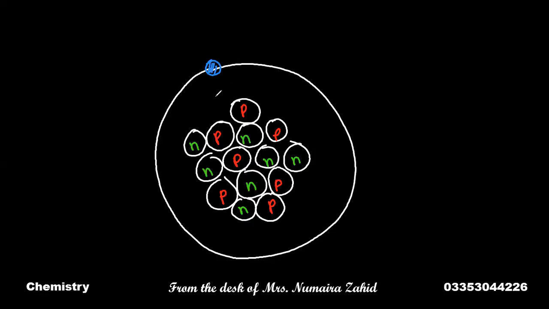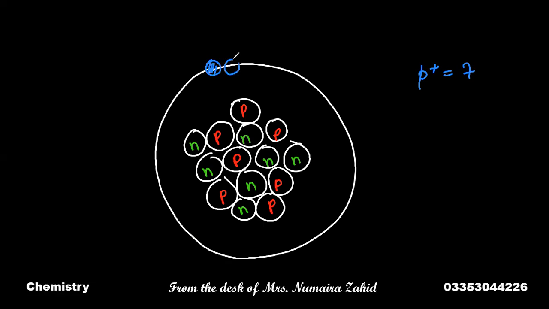These electrons are actually responsible for balancing the charge. So how many protons are present in this atom? There are 1, 2, 3, 4, 5, 6, 7. There are 7 protons in this nucleus of an atom. How many electrons should be present here? There should be 7 electrons.